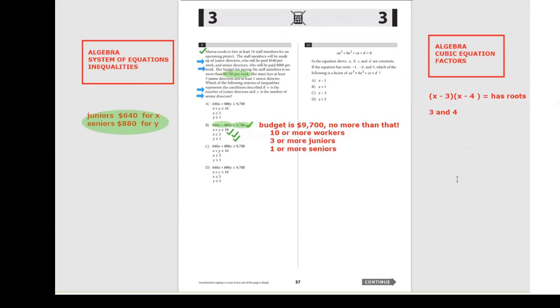All right, as a quick review of the idea of roots in factored form, we have x minus 3 times x minus 4 has these roots, 3 and 4. It's always the opposite sign.